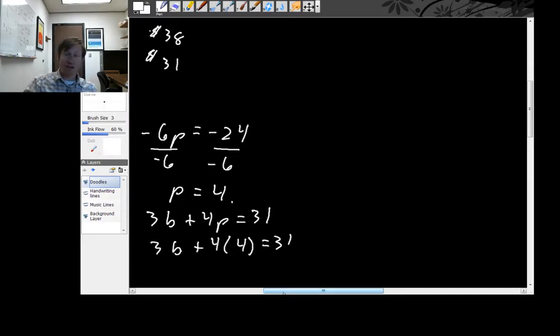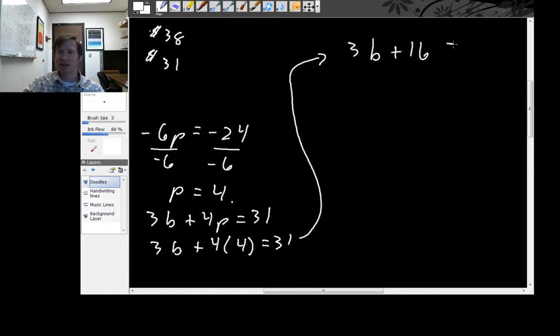And then we can solve this for B. We get 3B plus 16 equals 31. Subtract 16 from both sides. 3B equals 15.